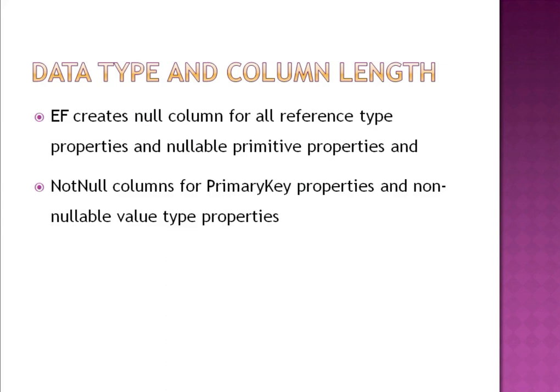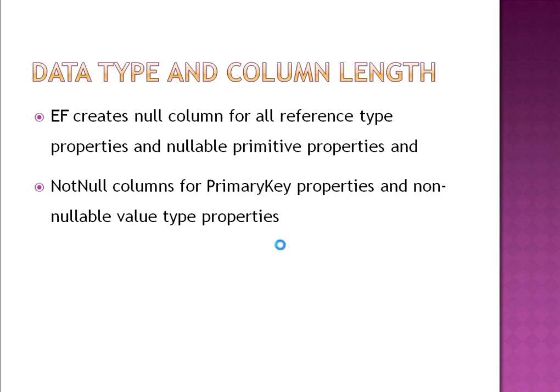Now the conclusion is that Entity Framework creates null columns for all reference types and nullable primitive properties, whereas not null columns are for primary key properties and non-nullable value type properties.